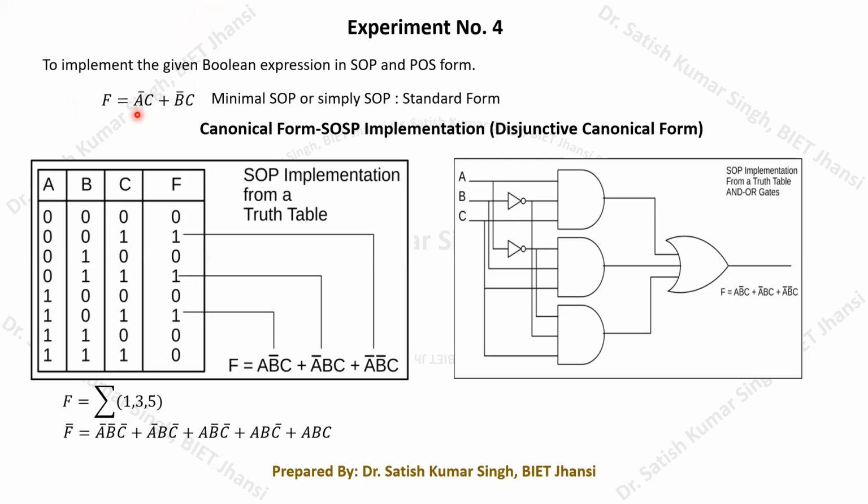To form the truth table, we first take all these 3 variables and write all the possible combinations in the truth table. Then we mark those places. If you substitute the values of a, b, c in this expression, you get either 0 or 1.